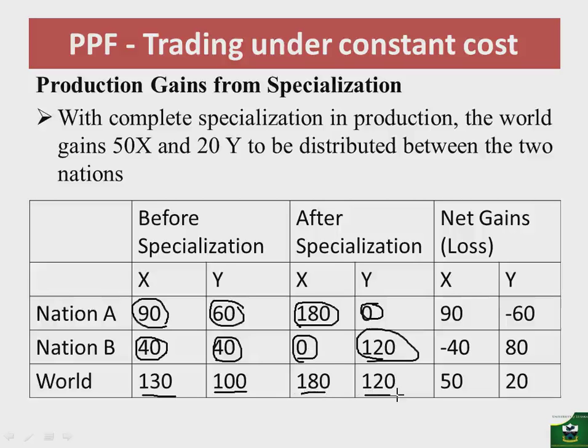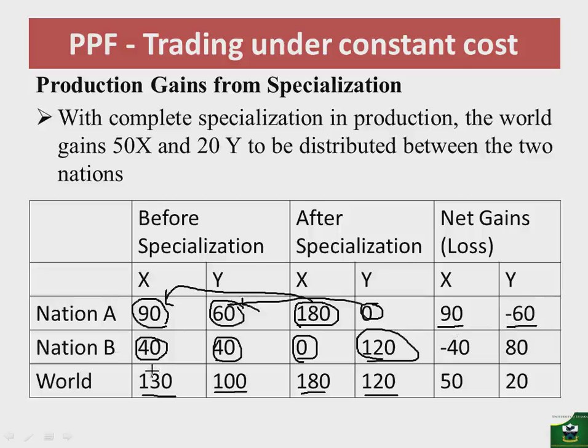To measure the gains, we subtract the production before specialization from the production after specialization. So for nation A, 180 minus 90, we will have 90, and 0 minus 60, we will have negative 60.